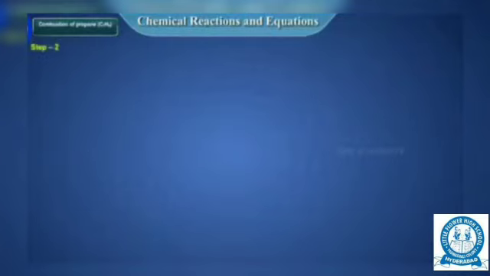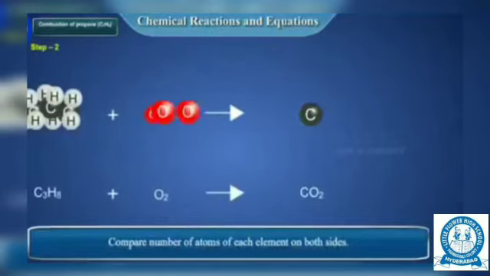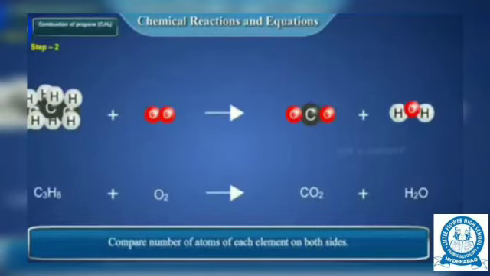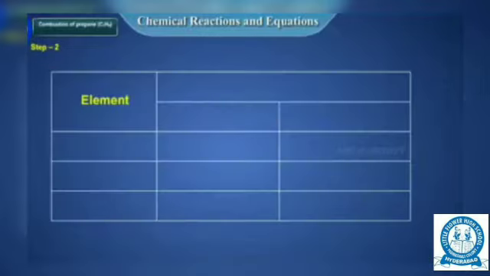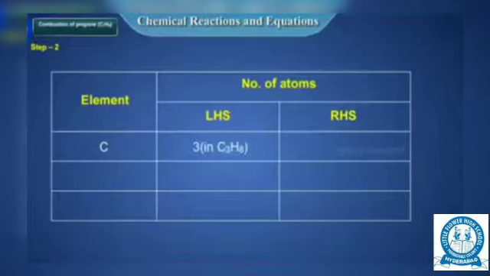Step 2. Compare the number of atoms of each element on both sides, and use coefficients to balance the chemical equation. It is better to start with the most complex substance, in this case C3H8. Element, number of atoms, LHS, RHS. C: 3 in C3H8, 1 in CO2.